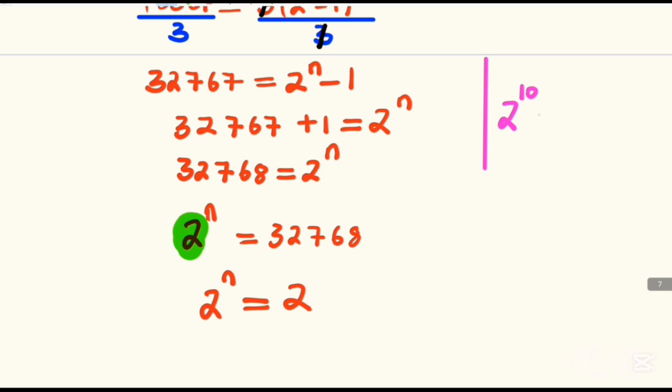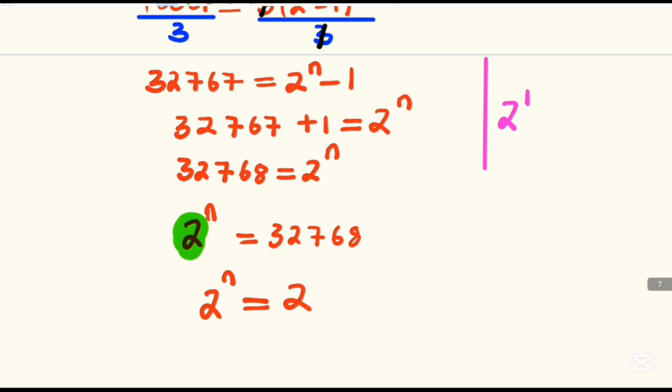And 2 raised to the power 10 is equals to 1024. So let's try 2 raised to the power 11. This is equals to 2048. So we try 2 raised to the power 12. And is equals to 4096. So let's try 2 raised to the power 13. 2 raised to the power 13 is equals to 8192.